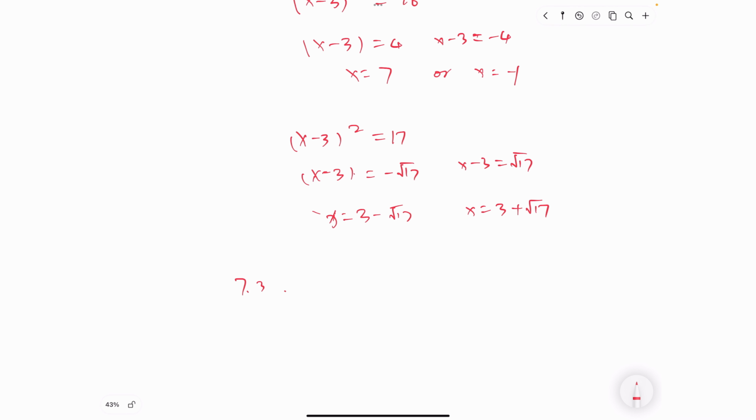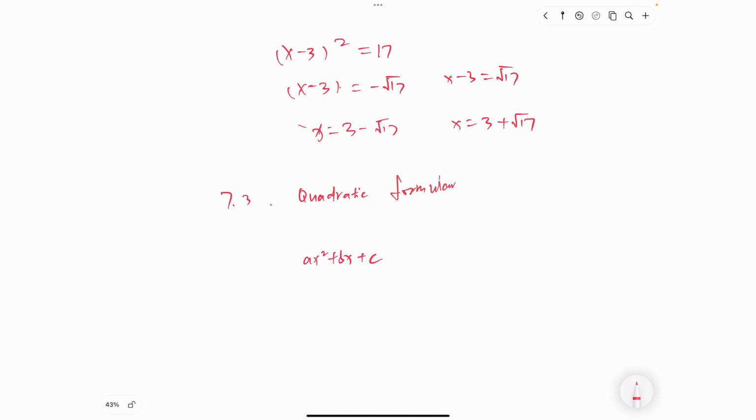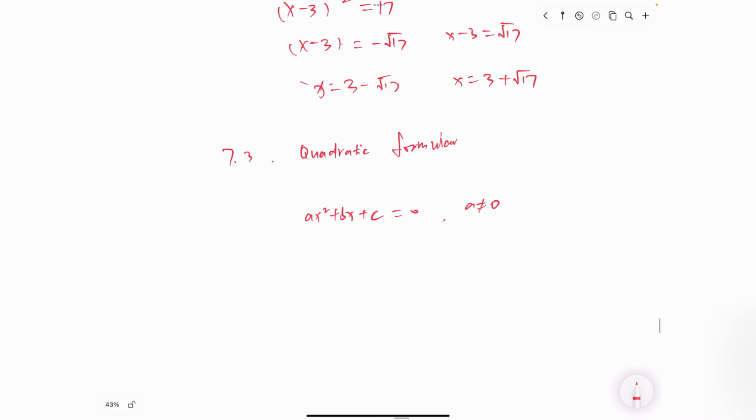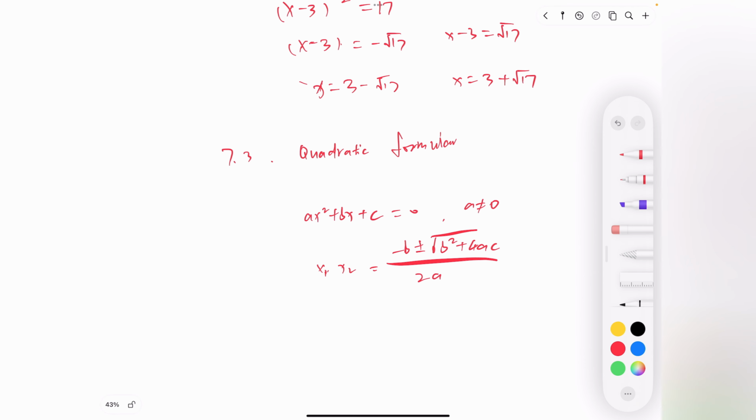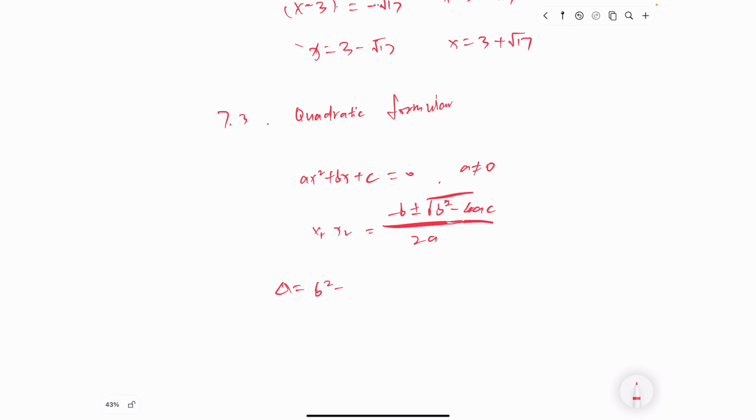7.3 is about the quadratic formula. So we have ax squared plus bx plus c equals 0, a not equal to 0, and the roots x1 and x2 equal negative b plus or minus the square root of b squared minus 4ac, all over 2a. And delta equals b squared minus 4ac.